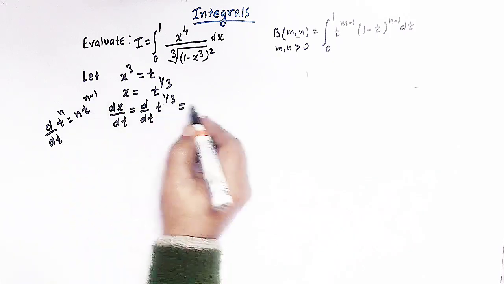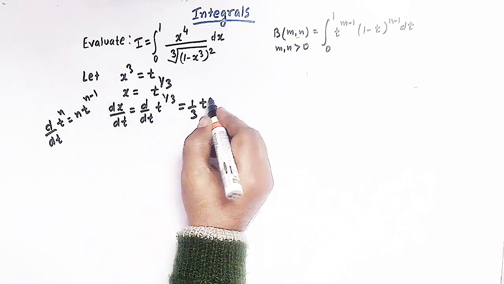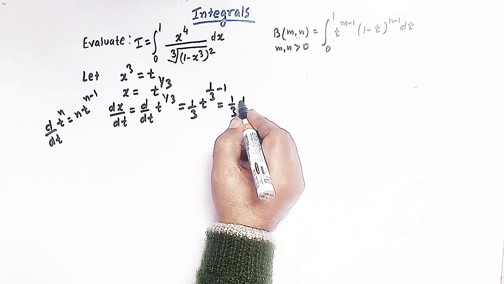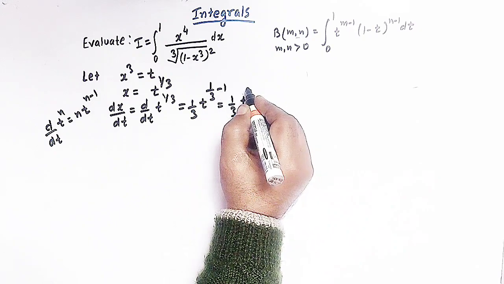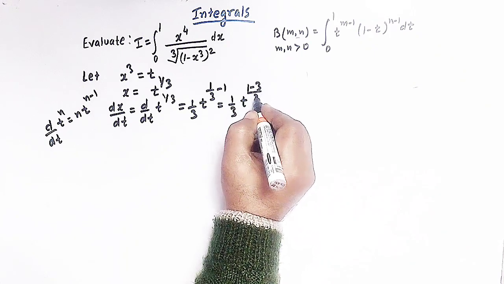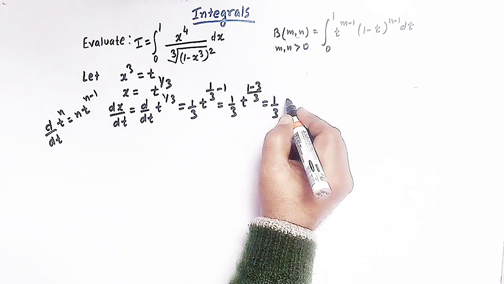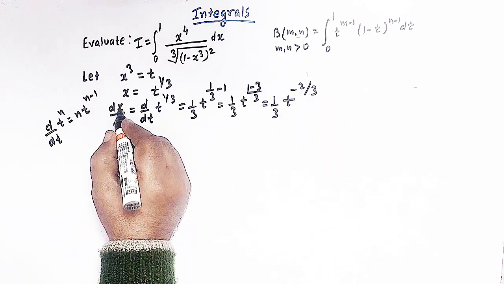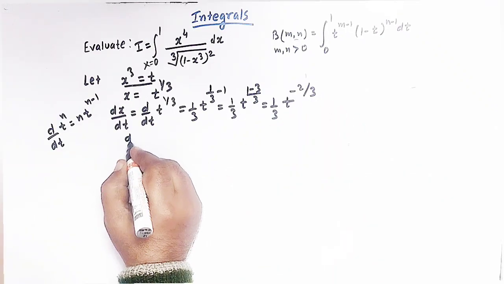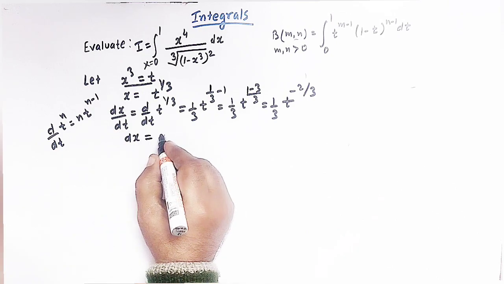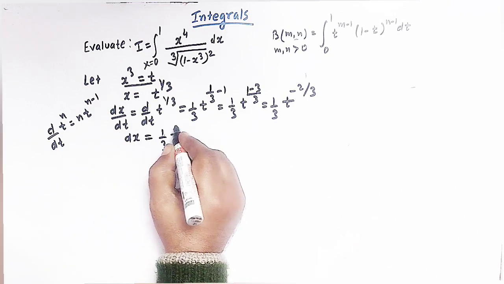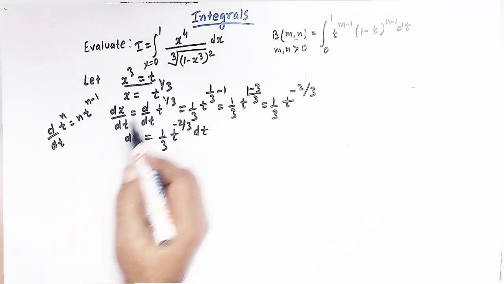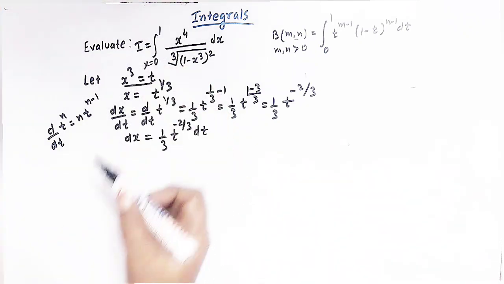So here n is 1 over 3, so we have 1 over 3 t raised to 1 over 3 minus 1, and this is 1 over 3 t raised to (1 minus 3) over 3, that is 1 over 3 t raised to minus 2 over 3. So now we can write dx is equal to 1 over 3 t raised to minus 2 over 3 dt, right?